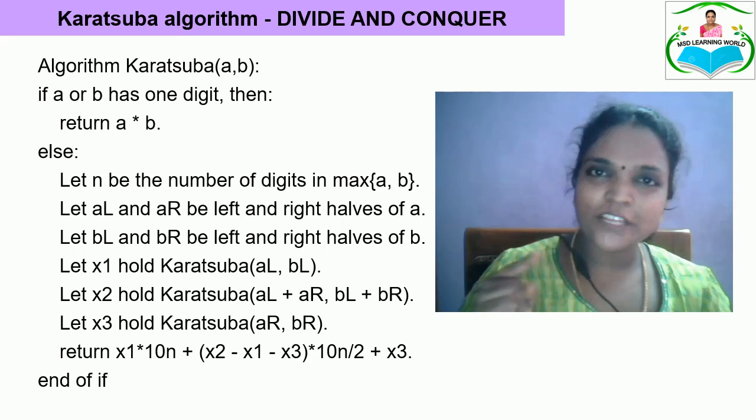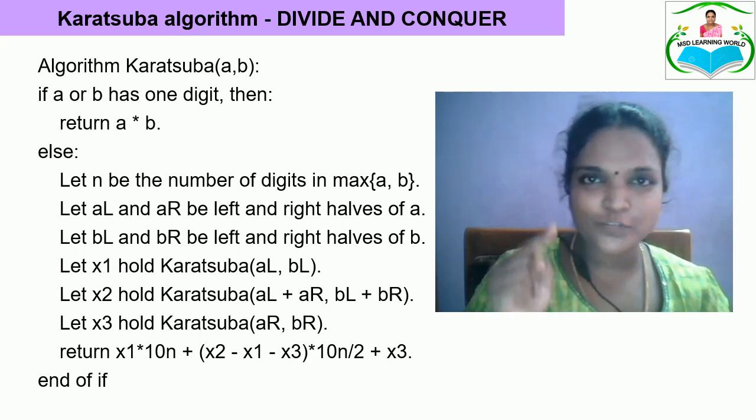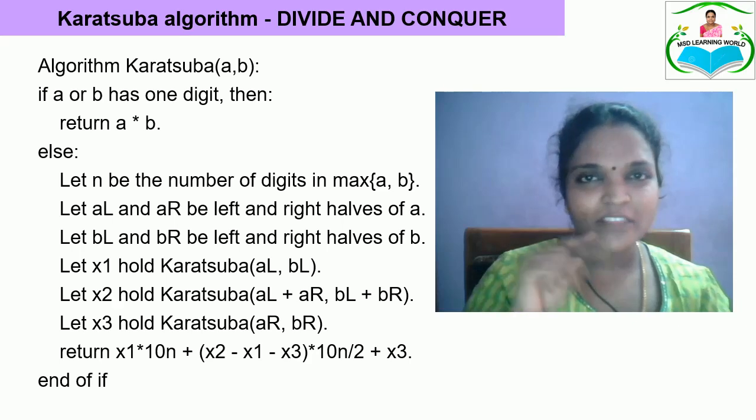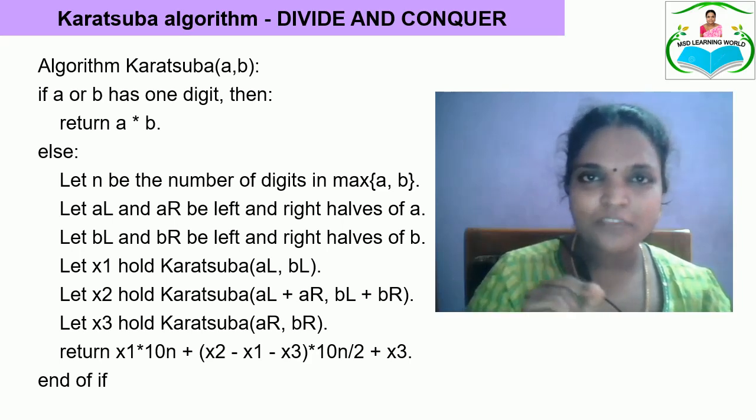The algorithm for the Karatsuba multiplication algorithm is that the input will be a and b, which are the two numbers which we need to multiply. When a and b have only a single digit, then you are returning the value a into b. If not, if a and b have two n bit numbers, then you will be taking the digits with the maximum of higher value of x and higher value of y.